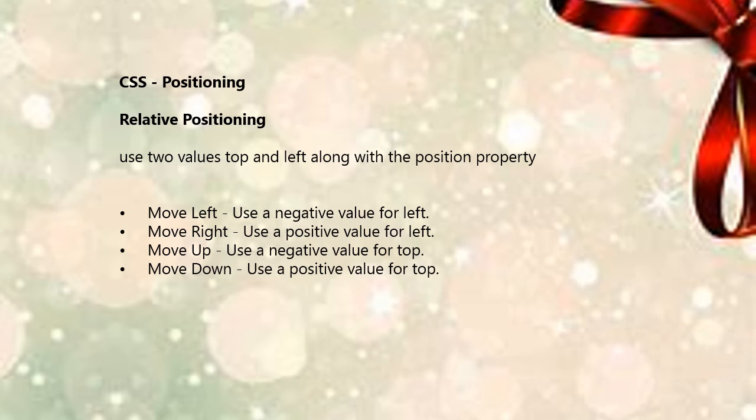You can use two values, top and left, along with the position property to move an HTML element anywhere in the HTML document. Move left, use a negative value for left. Move right, use a positive value for left. Move up, use a negative value for top. And move down, use a positive value for top.